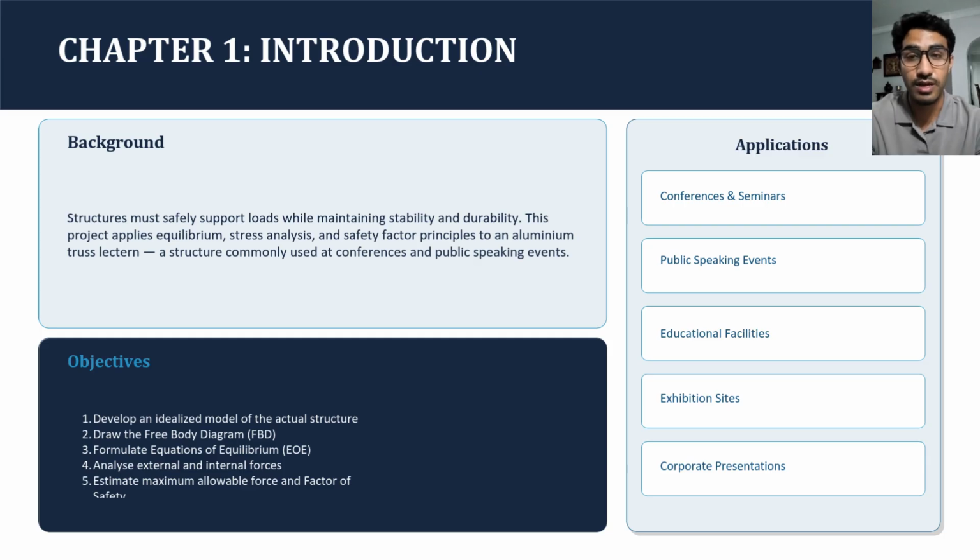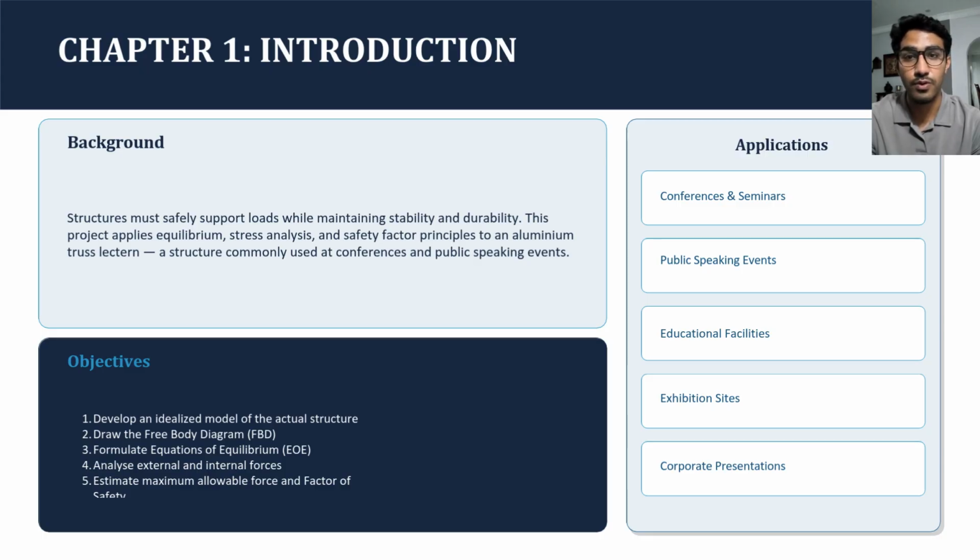This is a group project on force and factor of safety analysis of an aluminium lectern. The project applies equilibrium, stress analysis, and the factor of safety principle to evaluate the structural performance of an aluminium lectern.